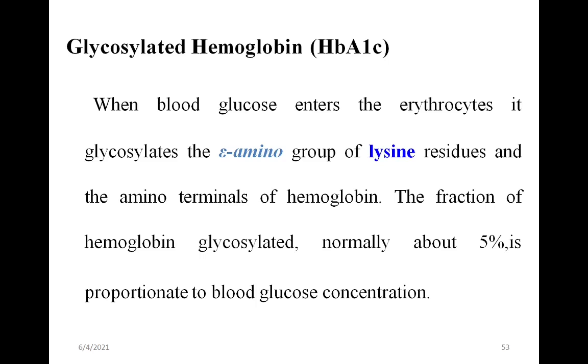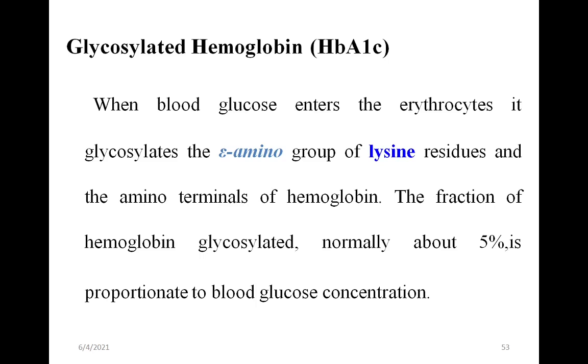When blood glucose enters the erythrocyte, it forms glycosidic bonds, already mentioned. What is a glycosidic bond? Alpha or beta glycosidic bond, these are already taught. It glycosylates the epsilon amino group of the lysine residue and the amino terminal of the hemoglobin.